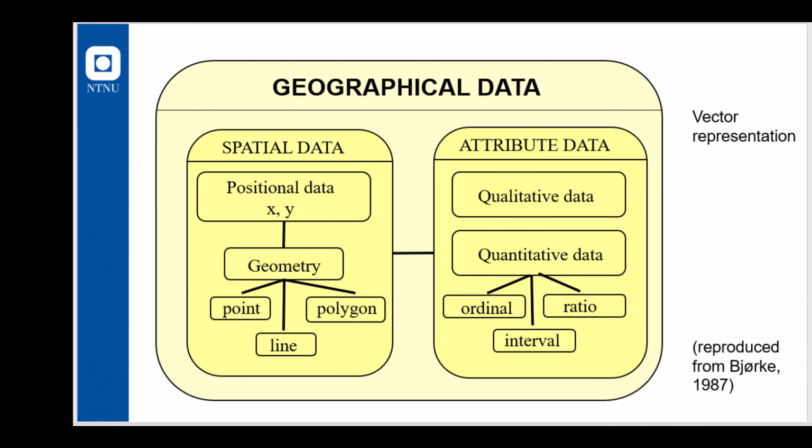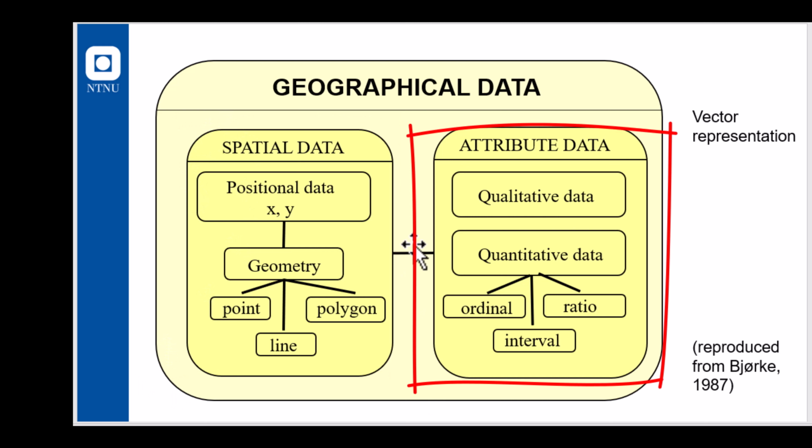This figure is an illustration reproduced from Jan Terje Bjørke's lecture notes in digital cartography. And this is showing the components of geographical data stored as vector representations. Geographical data consists of both spatial data and attribute data.